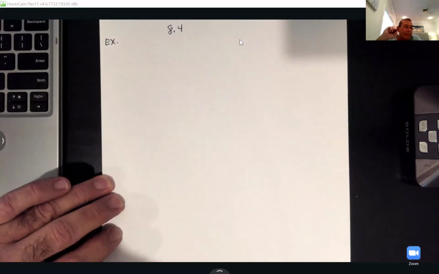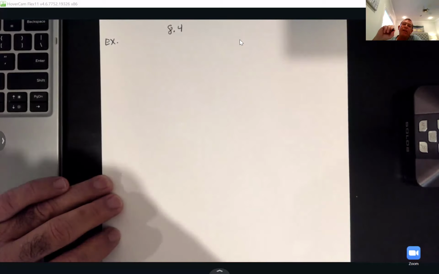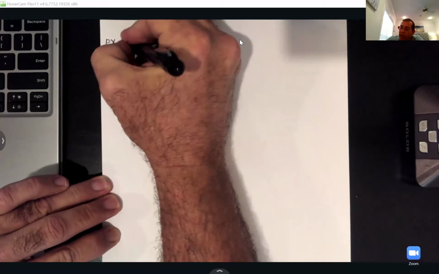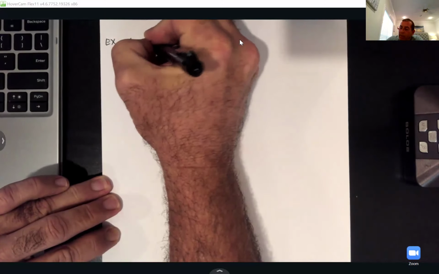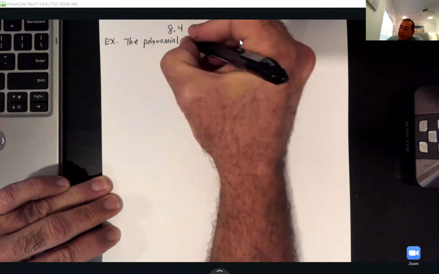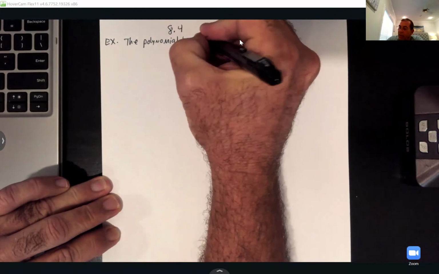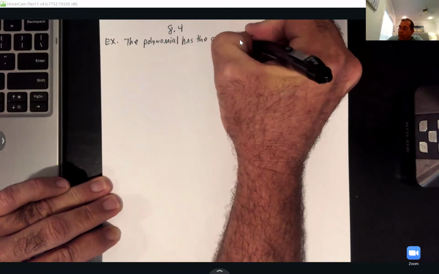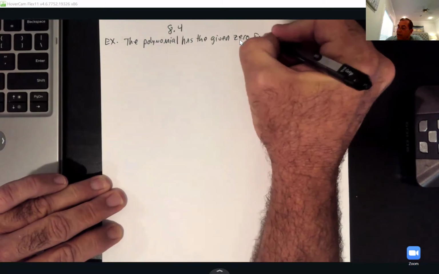They're going to give us a zero and they want us to find the other zeros. So the polynomial has the given zero. Then they say find the other zeros.